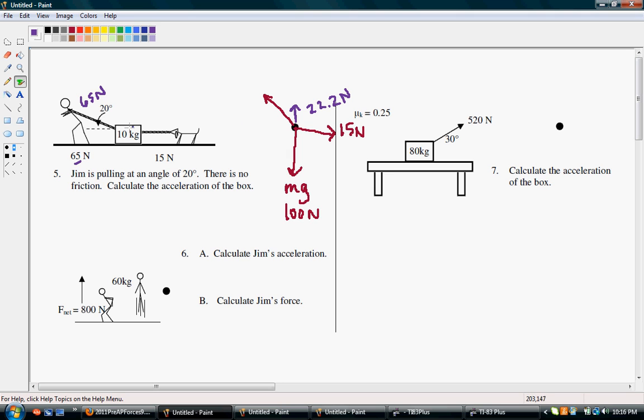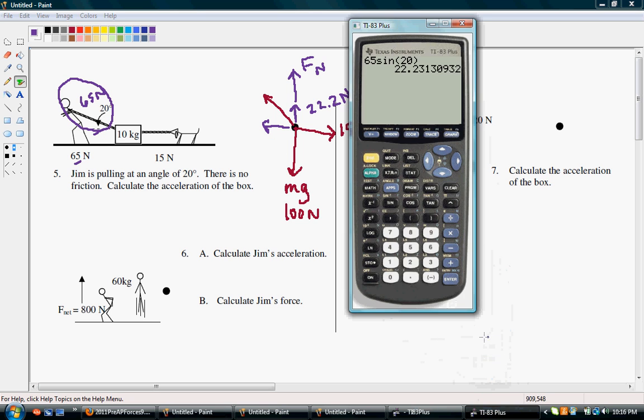Notice that this box is also on the surface of the ground, so there is a normal force being applied perpendicular to the ground as well. And then, for our x component, for this force vector, we are going to say 65 cosine 20.